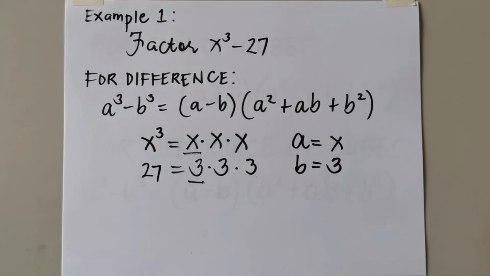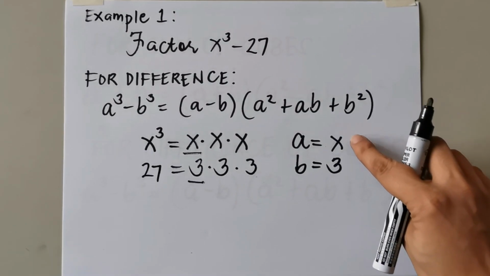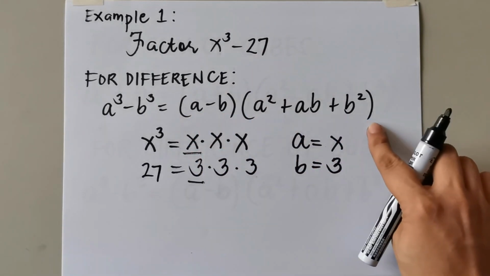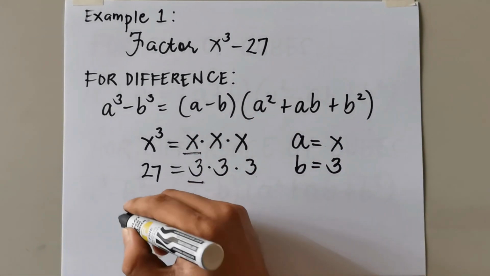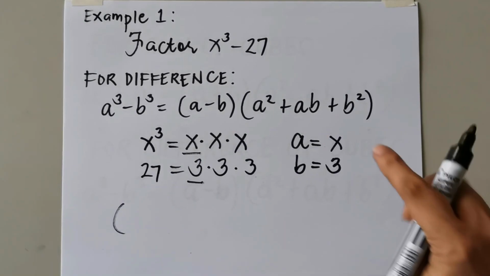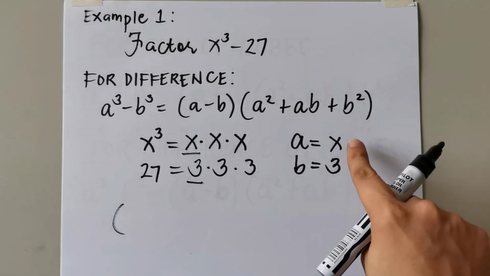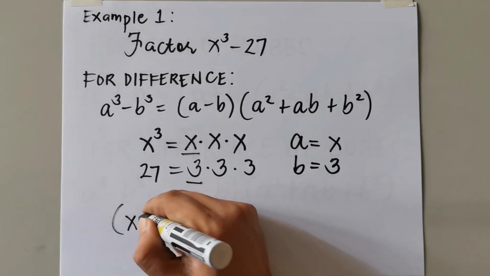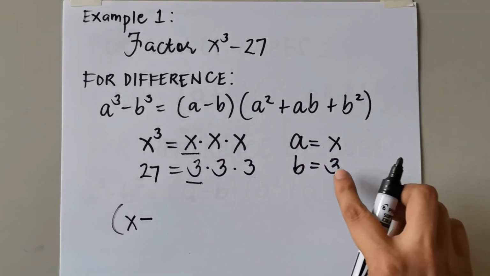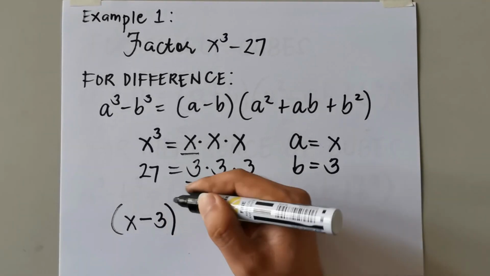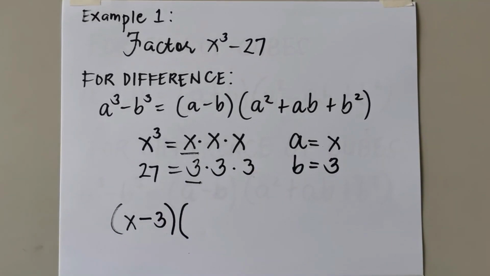Now that we have the values for a and b, what's next to do is to substitute these into our pattern. So let's first have the first quantity. a will be replaced by x, and then b will be replaced by 3. Now let's have the second quantity.